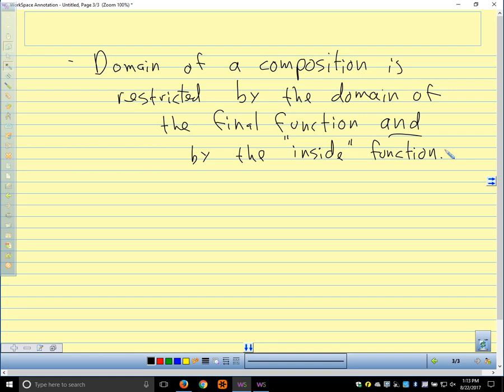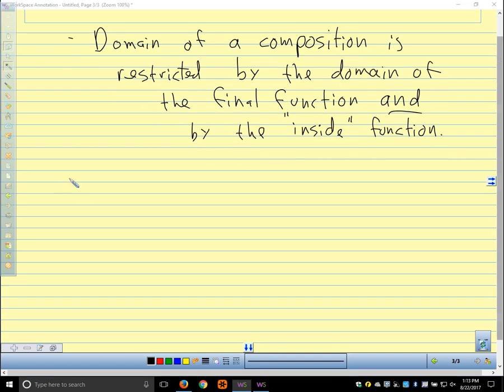And what I mean by inside function is the one that we're substituting into the other function. So the easiest way to see this is with a couple of examples.